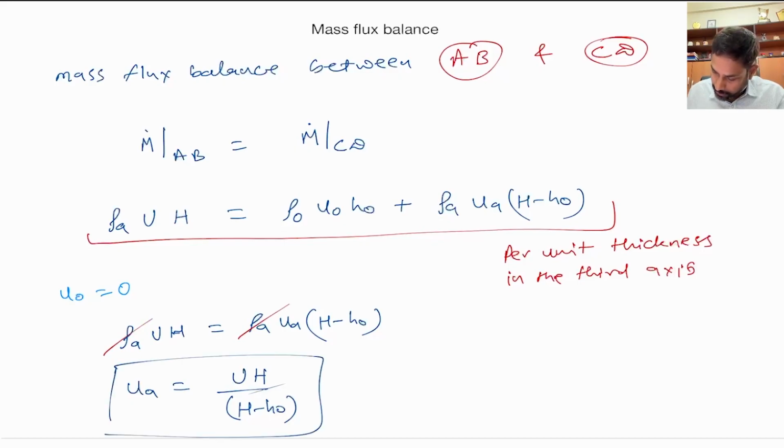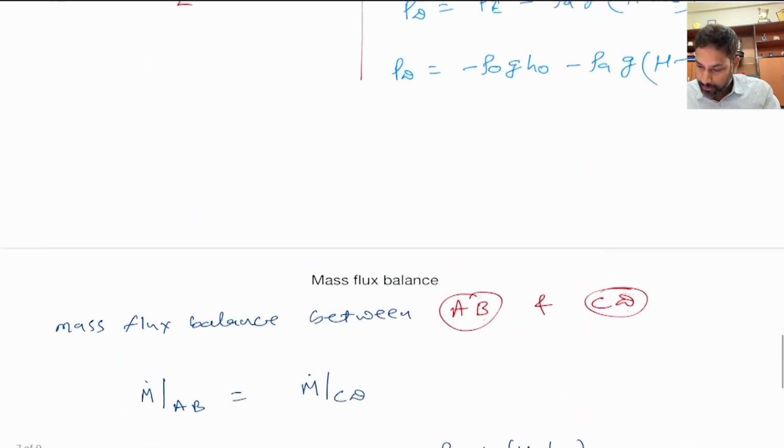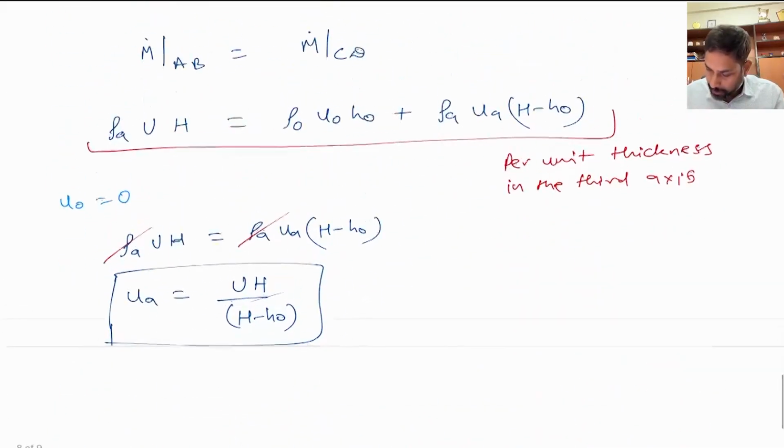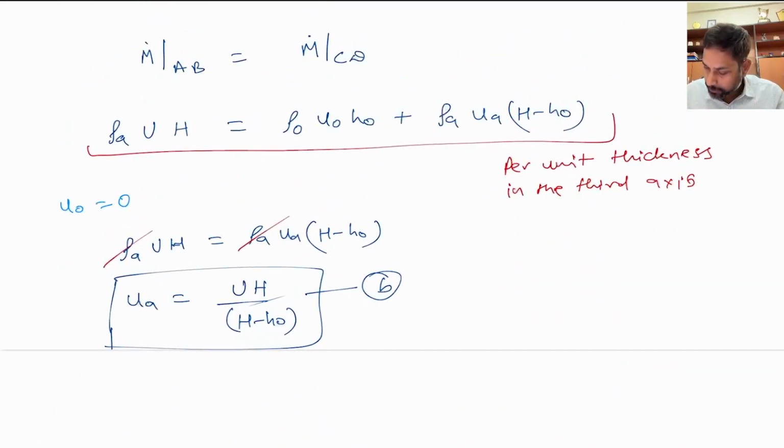This is the mass flux balance, and we will call it equation number 2 or B. Now we have derived mass flux balance, so next we are going to derive momentum flux balance and also energy flux balance.